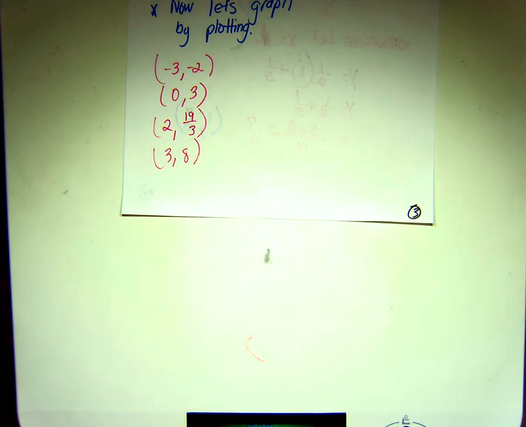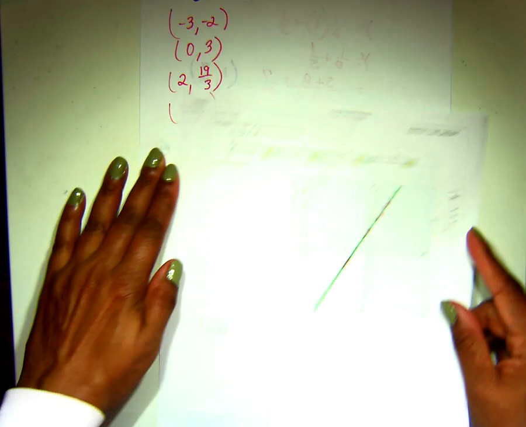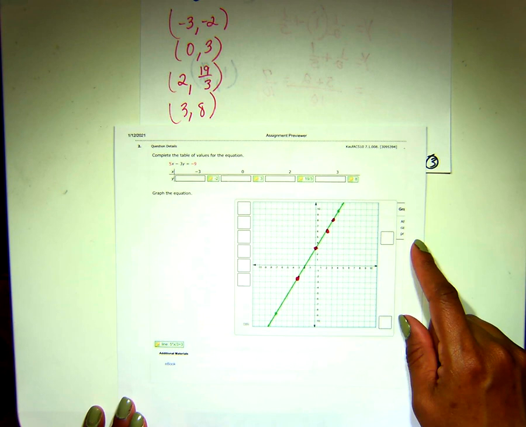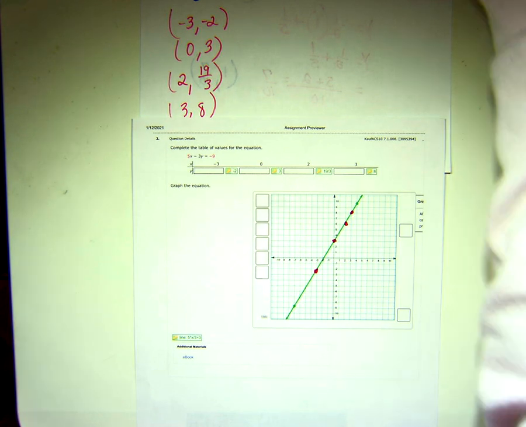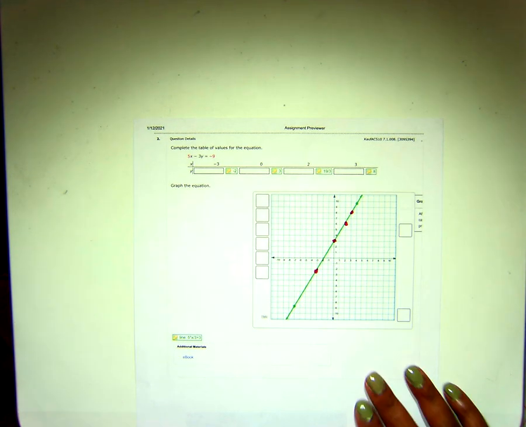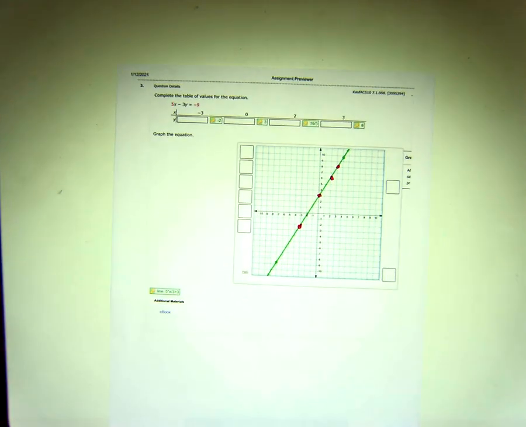Now you are going to be using the computer, so yours is going to be a little bit different. And I'm going to move my points out of the way in just a moment so I can zoom in on the graph. Make sure when it's your turn to do it, pay close attention to your tools on the right hand side of how you're going to graph it. So I'm going to zoom in.